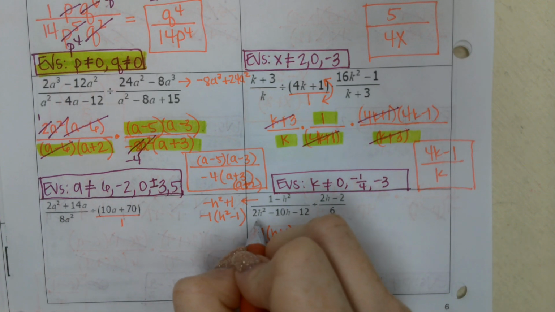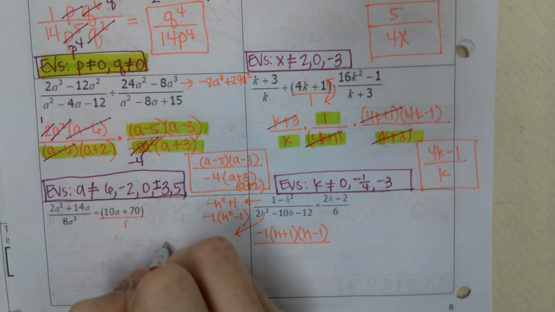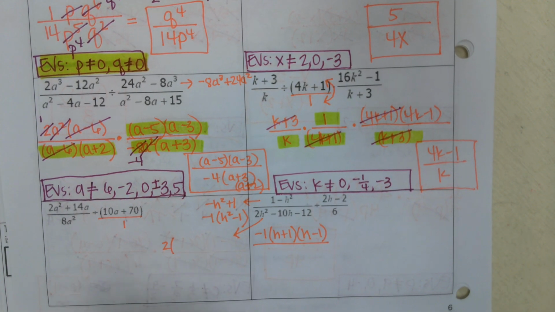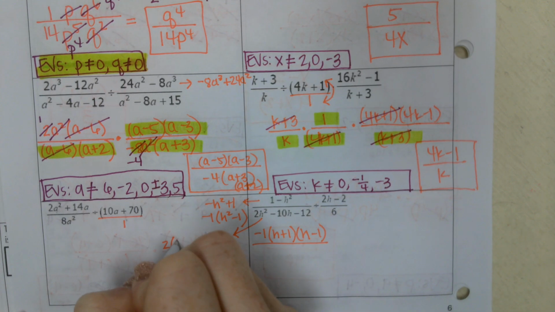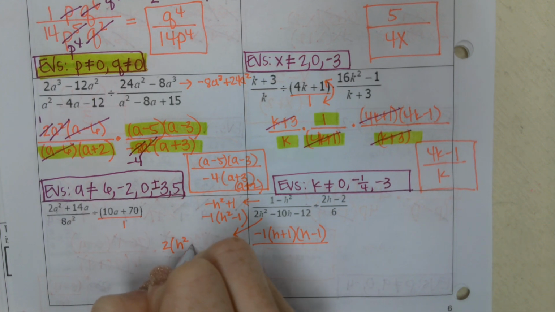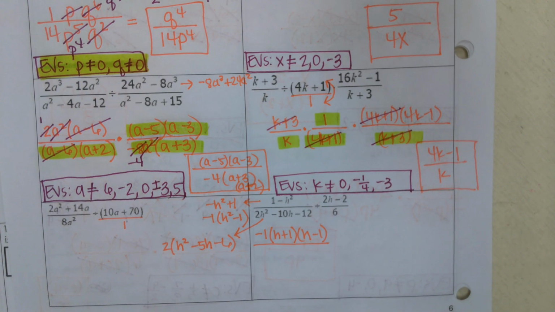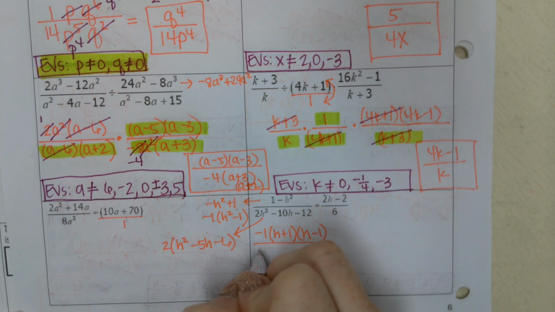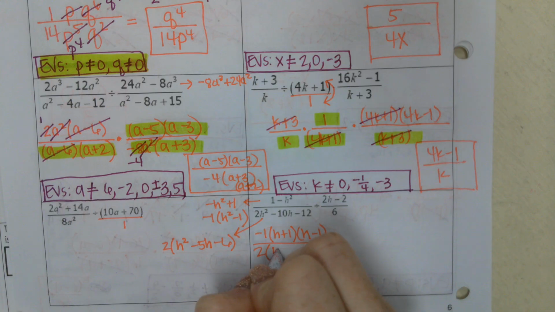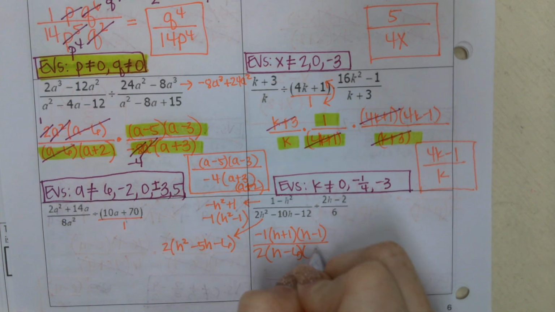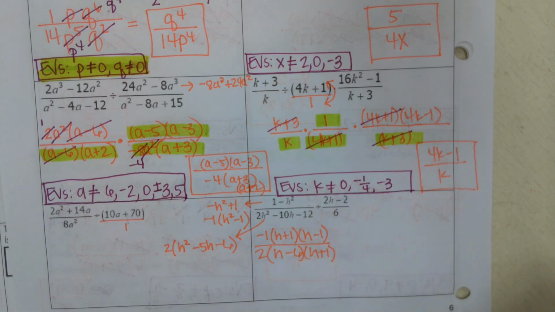All right, now right here, this has a GCF of 2 that I can divide out. That leaves me with h squared minus 5h minus 6. And that factors into h minus 6 times h plus 1.